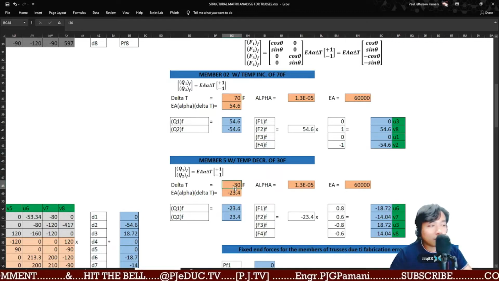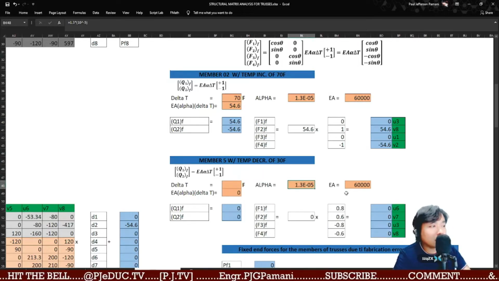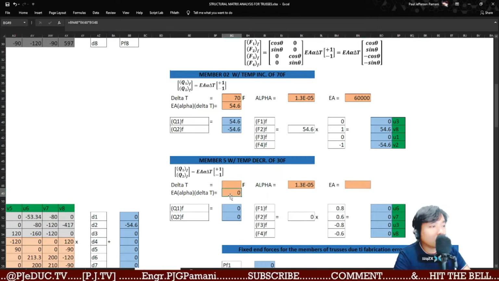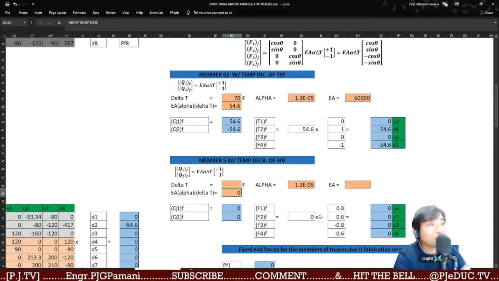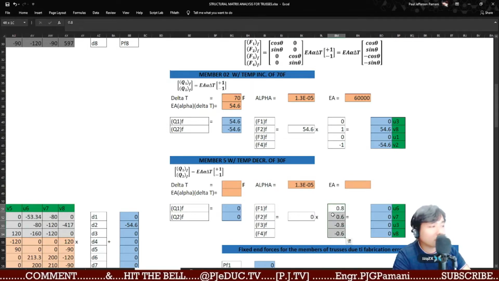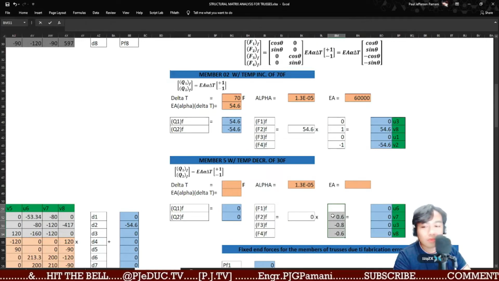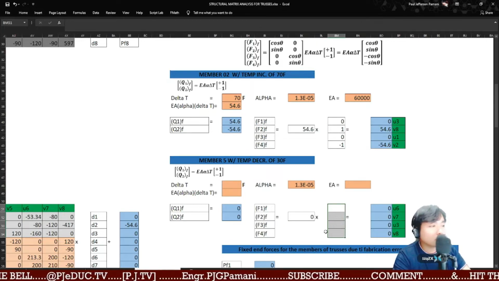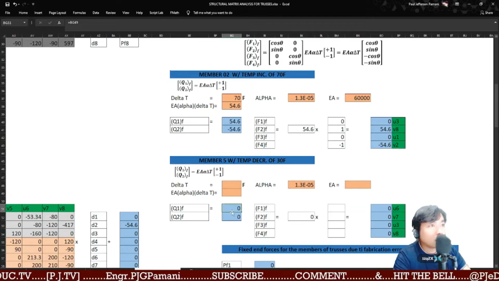Dito na lang ako sa member 5. Burahin natin yan. Tapos, sige, burahin ko na to. Okay.